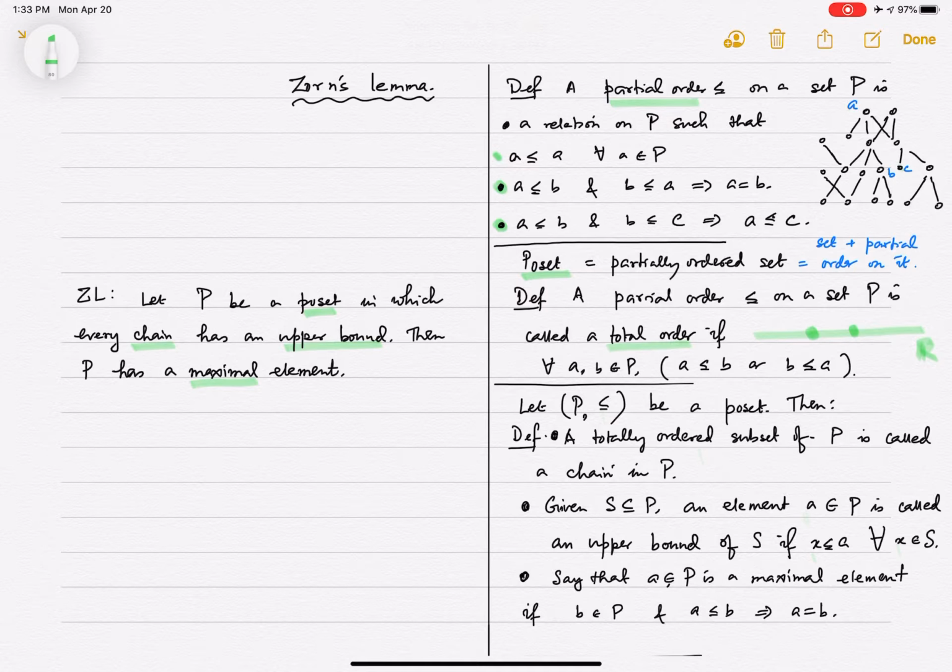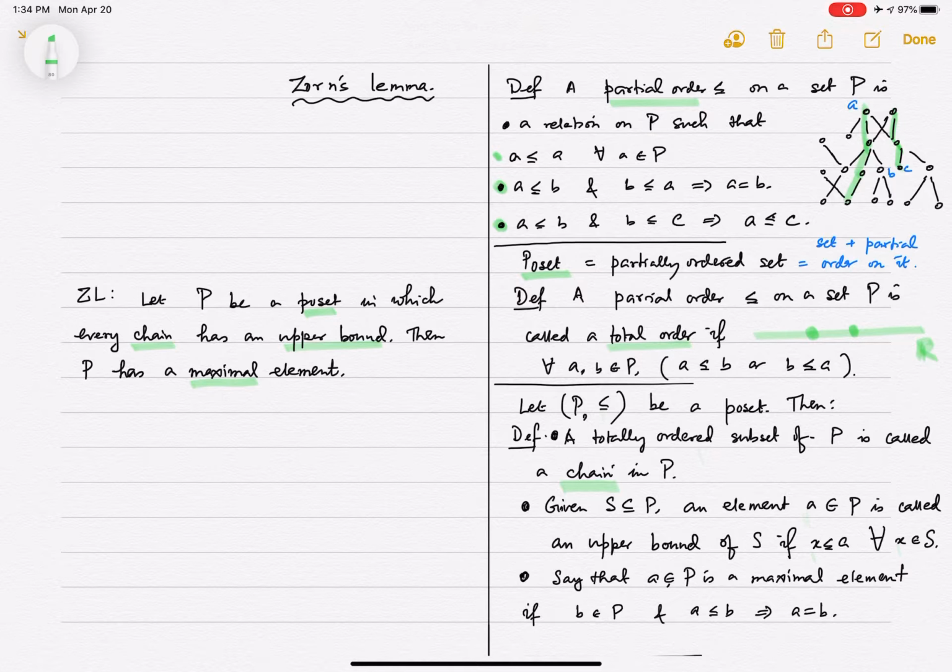If (P, less than or equal to) is a poset, a totally ordered subset of P is called a chain in P. So the picture I have on top is not totally ordered, but if I only take the green subset, these four dots, that's a totally ordered subset. So that will be a chain in P. Here is another chain.